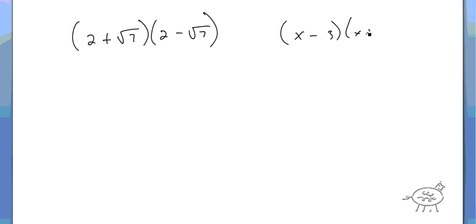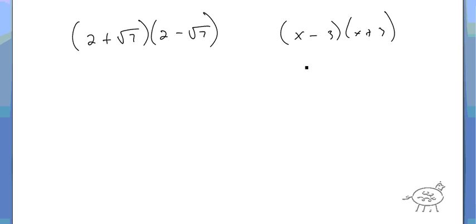2 plus root 7, 2 minus root 7. What does this look like to you? I mean, you guys should look at this problem and go, I kind of recognize that from one of the chapters. What is this? Okay, this is actually a difference of two squares. Do you remember when we factored if it was x minus 3 and x plus 3?